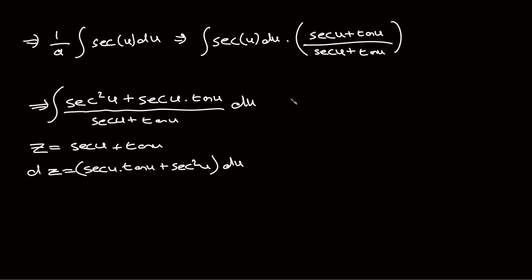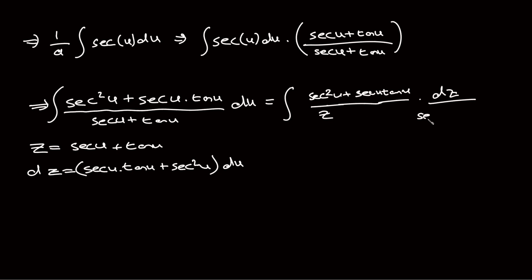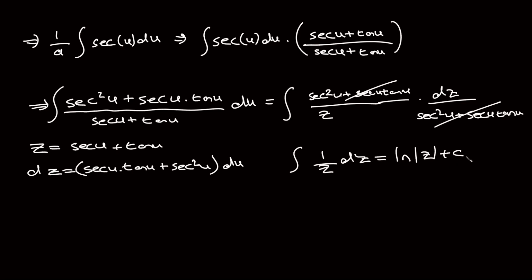So instead of du, now I can write integral of secant squared u plus secant u tan u over z times dz over secant squared u plus secant u tangent u. I can cancel these out. This integral is 1 over z dz, which is easy to solve, ln absolute value of z plus c.